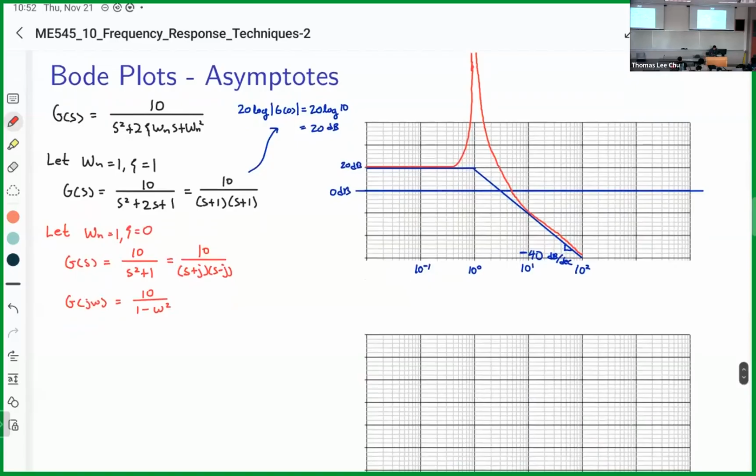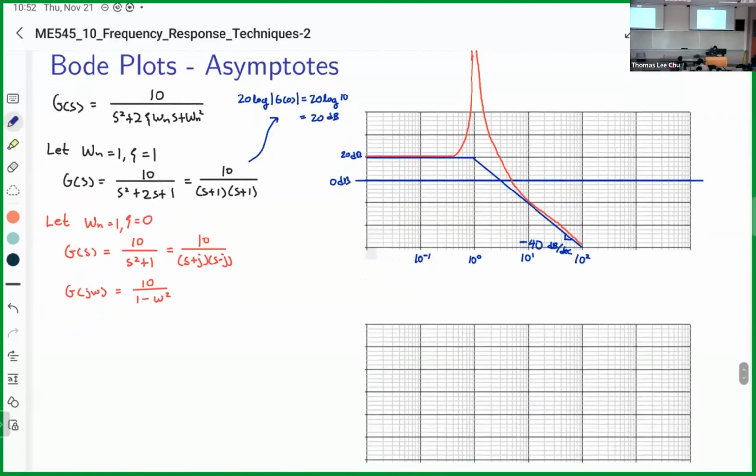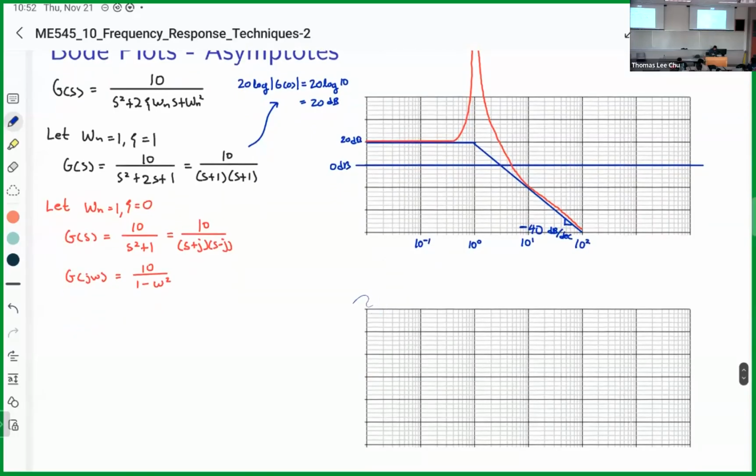Okay, so now let's look at the phase of these two systems. When we're looking at the phase, I know that everything's going to be below 0 degrees. So I'm going to put my 0 degree line here, and then I'm going to have the frequencies line up.